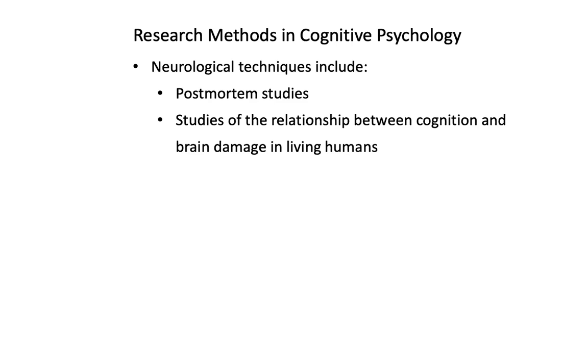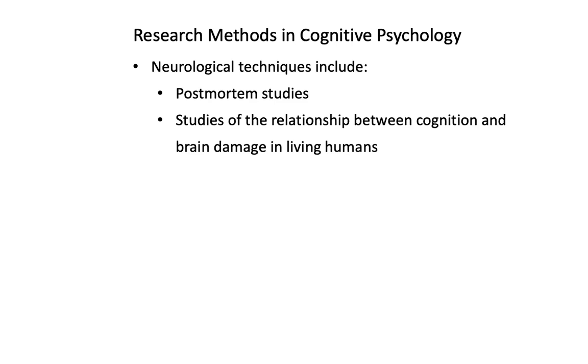And so some more examples of what we can look at to study the relationship between cognition and brain damage are conditions like strokes, traumatic brain injuries, the possible impact of tumors that might be growing on the brain and pushing into a certain area that is then disrupting the function of those underlying structures.